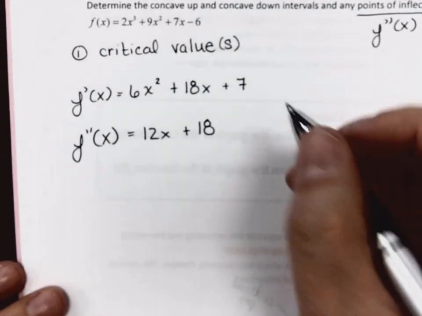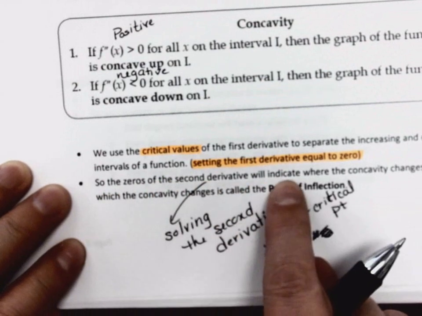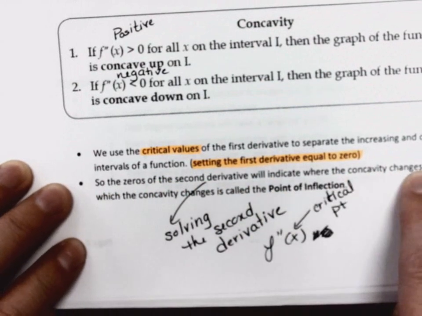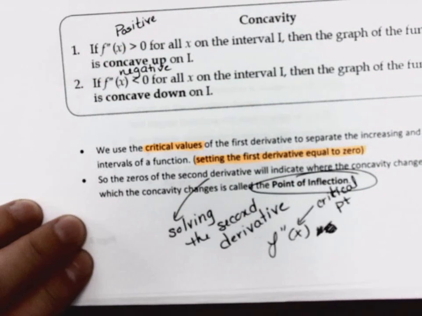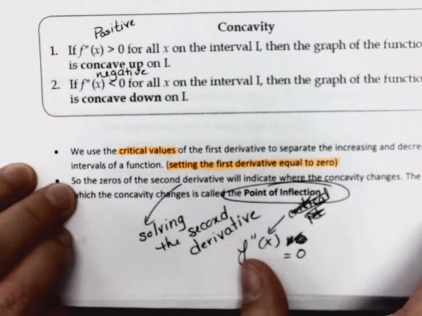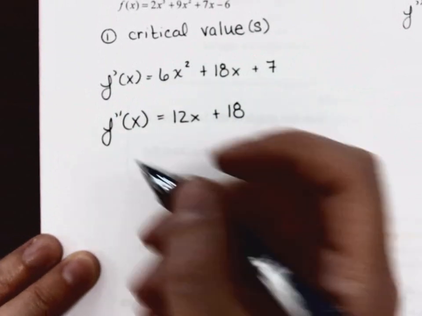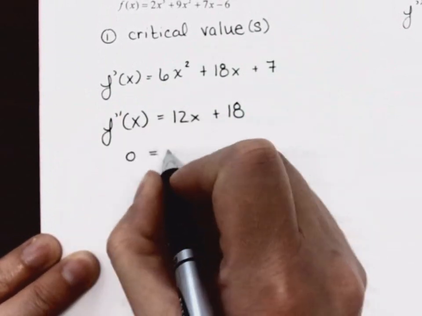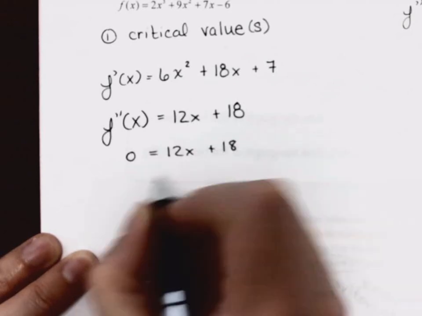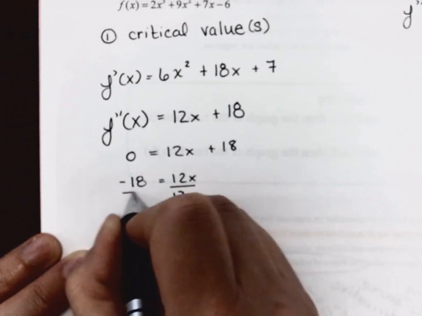So the zeros of the second derivative will indicate where the concavity changes, and that's your point of inflection. So we are going to take our second derivative here, set it equal to 0, and find our point of inflection. So 0 equals 12x plus 18, so negative 18 equals 12x, divided by 12.